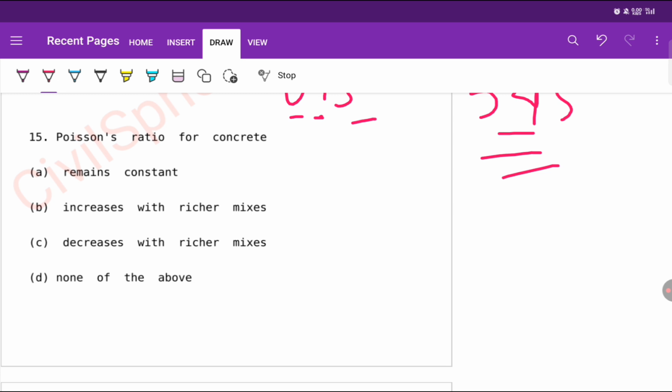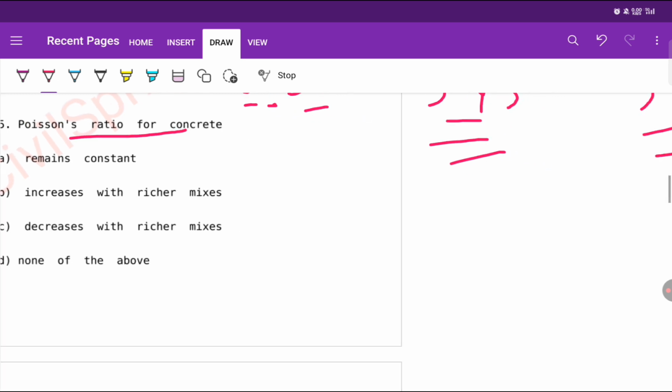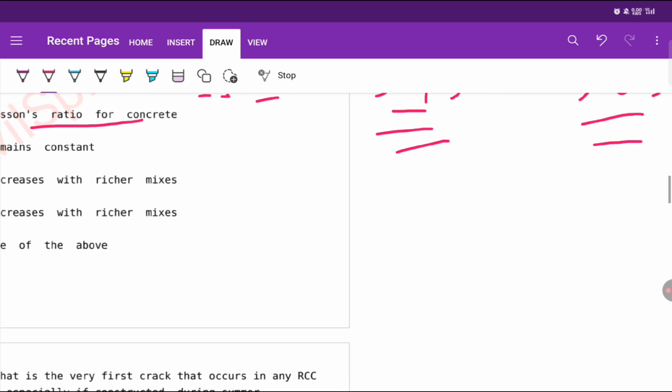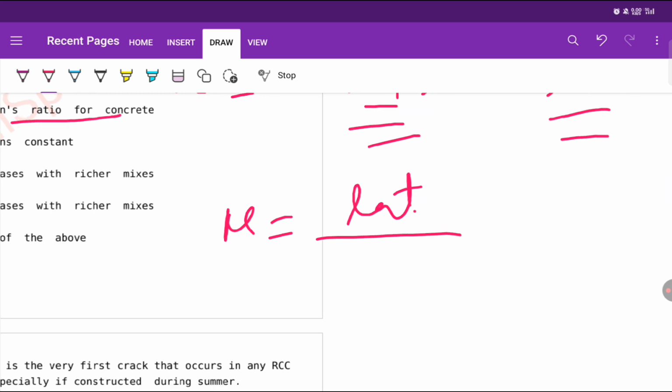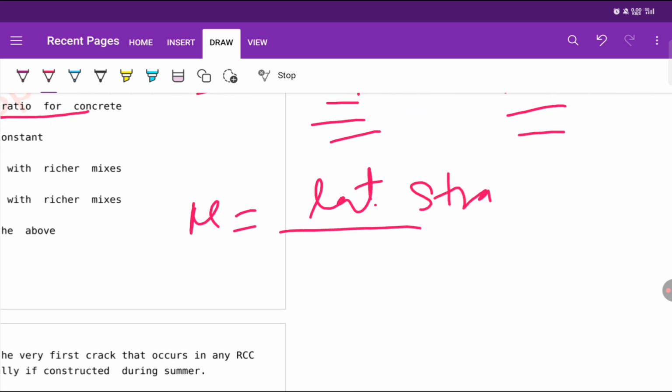Coming to the next question, question 15. Poisson's ratio for concrete is... Poisson ratio is denoted by mu, right? So mu is lateral strain upon longitudinal strain.